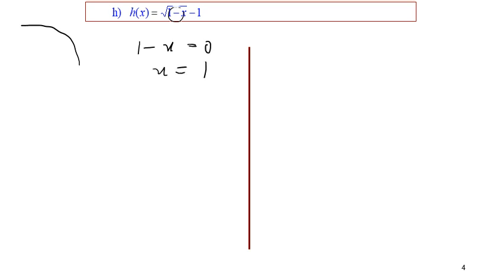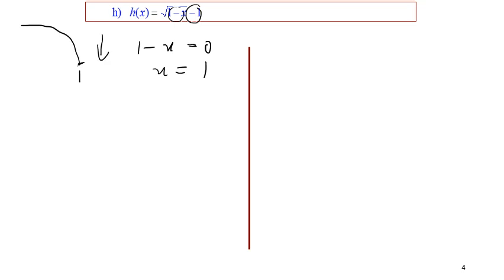Next, for h, the function has a negative x here. So remember, for negative x, the graph will go to the upper left. So 1 minus x equals 0, so x equals 1. So here we start x at 1, and here we have minus 1.